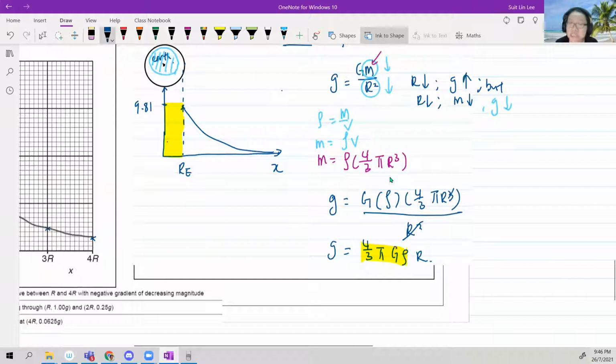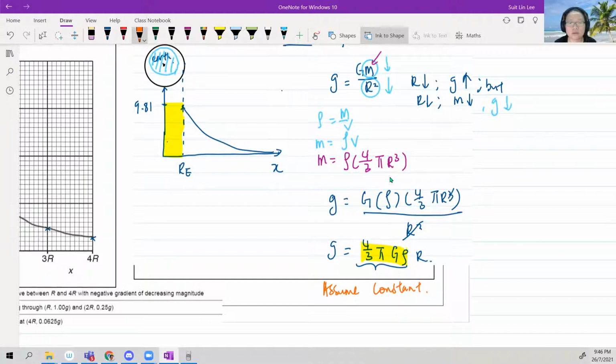Density of the Earth is assumed to be constant. So everything here we are going to assume constant. Is it a simplifying assumption? Yes. But it tells us a pattern. So you may not get a perfect graph, but you will get a trend that looks like that.